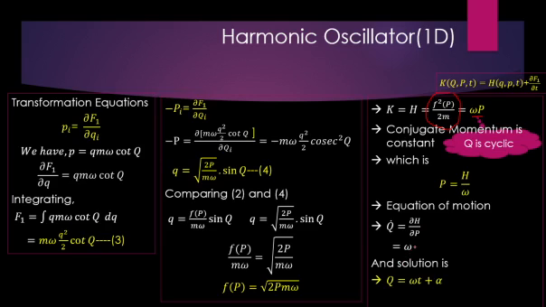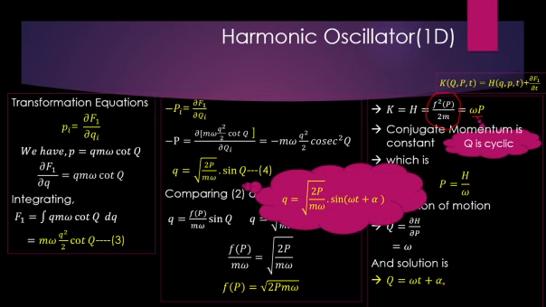So it becomes omega into time plus a constant of integration, and for the coordinate the constant is denoted using alpha. So now instead of capital Q in the equation for small q, I can write small q is equal to square root of 2P by m omega into sine of omega t plus alpha, which is one of our solutions.